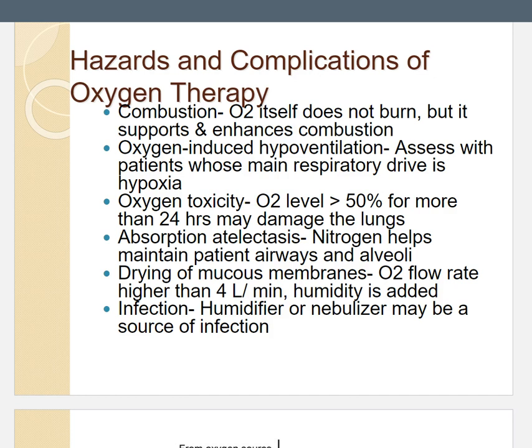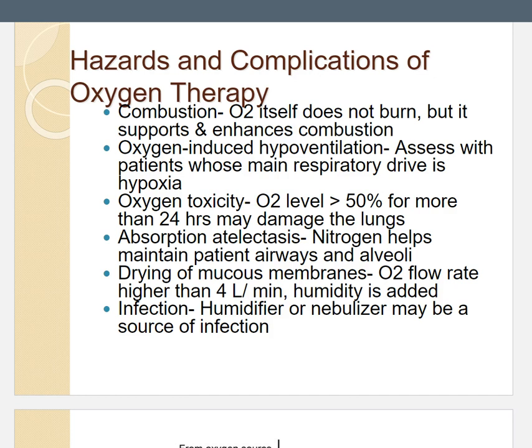Think about nitrogen. It makes up about 79% of room air, and the other 21% is oxygen, okay? That nitrogen is a good thing because that's what helps maintain patent airways and prevents your alveoli from collapsing.